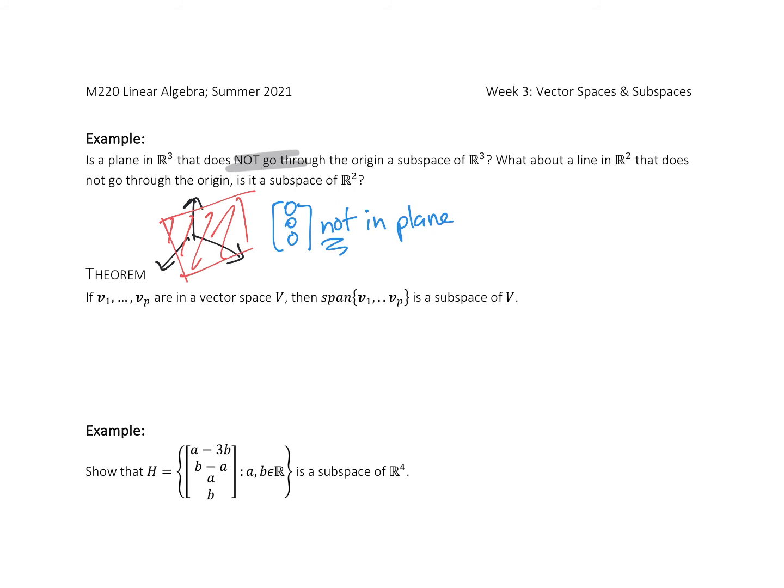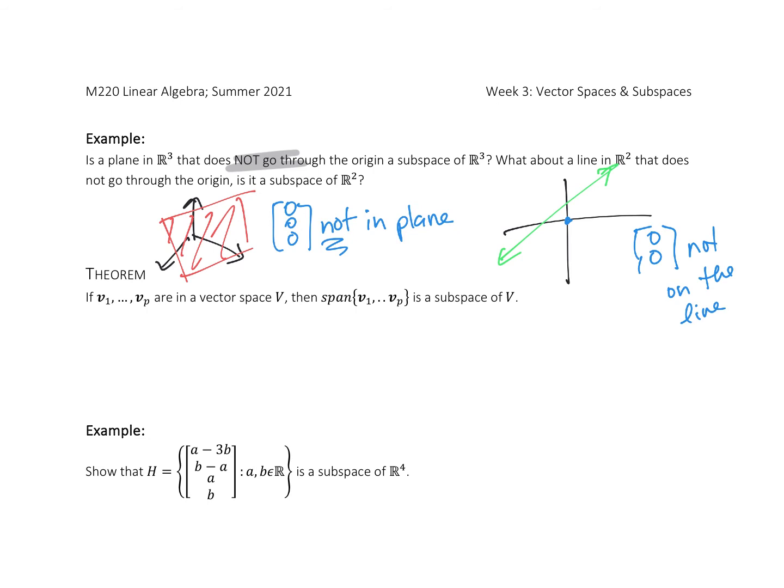In R2, a Cartesian coordinate plane, if my line goes somewhere up here, the (0,0) vector is not on the line, so it is not a subspace of R2. So be careful. Just because it happens to exist in that vector space does not necessarily make it a subspace of something.